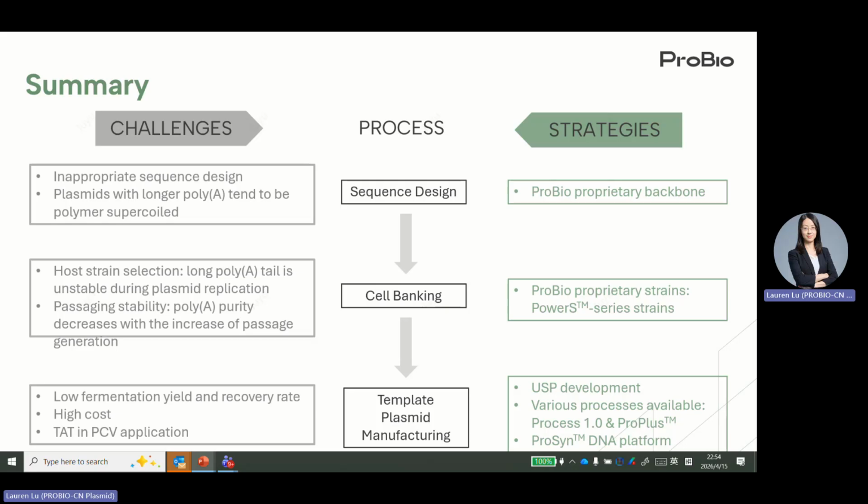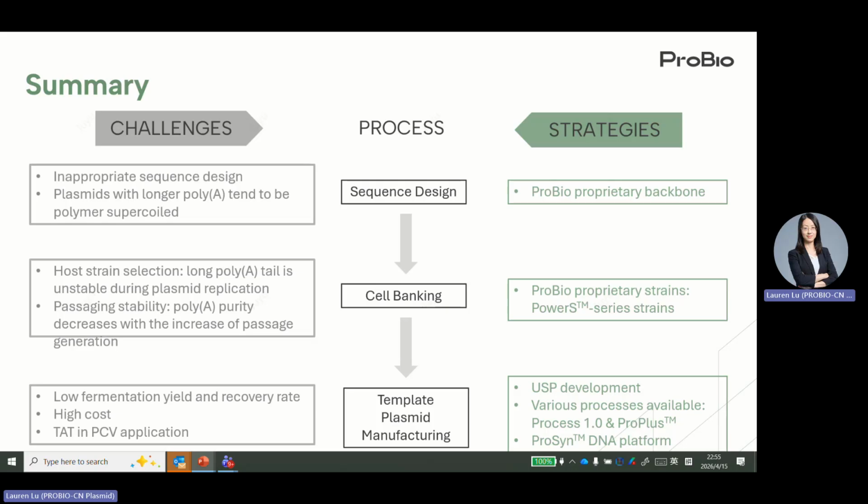Also, how to continuously increase the fermentation yield to reduce the cost, and also to maintain a very fast delivery timeline, is the key challenge here.